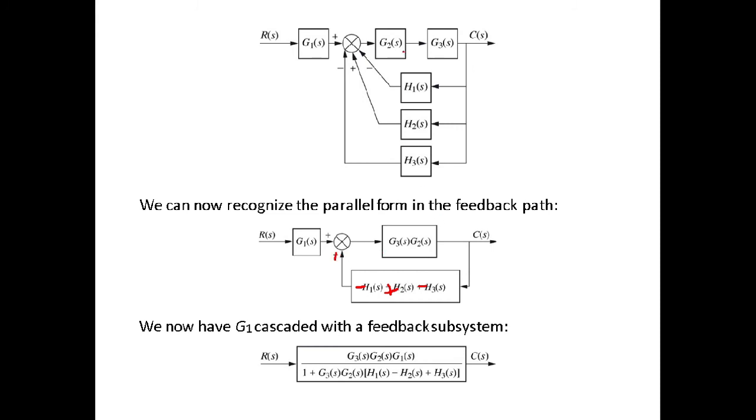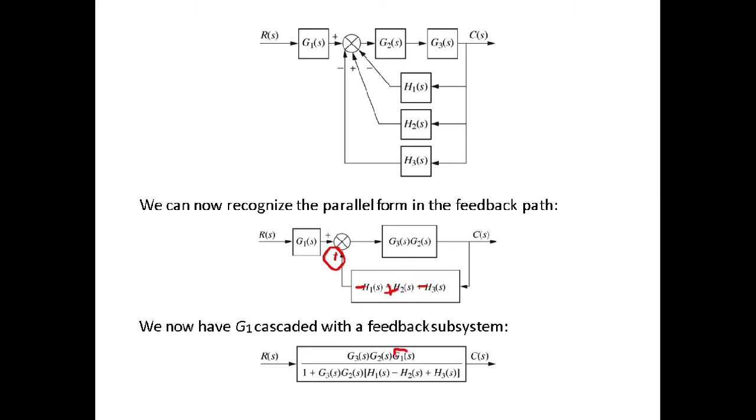Here these are connected in cascade, so your single transfer function will be G2 into G3. So this is your forward path, this is your feedback path. You can easily find it with G divided by 1 minus GH, because it is plus right here, so 1 minus GH. It will create one block, and this block will be in series with this G1.